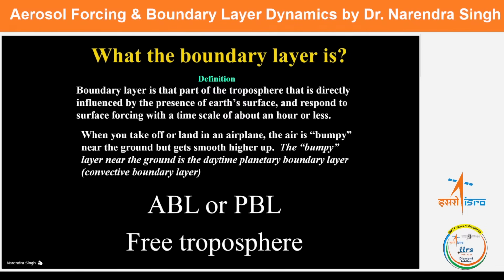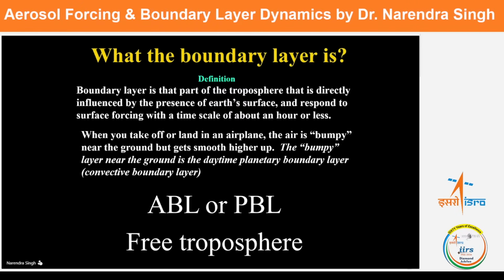Planetary boundary layer is not the same as what we observe in May, June, or in winter, because you see a lot of fog formation in the winter, say within half a kilometer, whereas in summer you don't see that. So these are basically the influence on the evolution of the boundary layer.